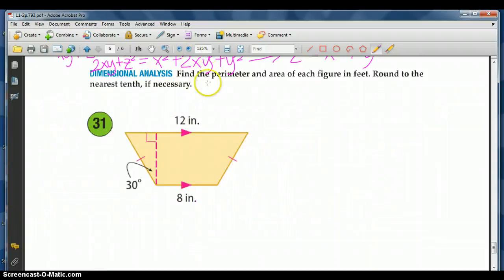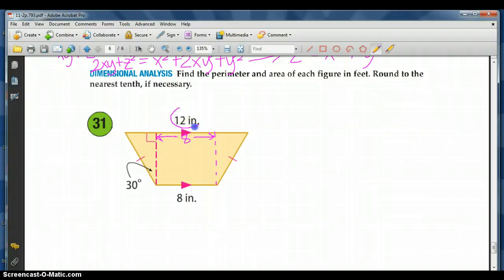For number 31, find the perimeter and area of each figure in feet, round to the nearest tenth if necessary. So to find the perimeter, we need the length of all four sides here added together. Okay, so we're going to split this up. Since from here to here is 8, if I draw another perpendicular segment to this other base, then from here to there would be 8.